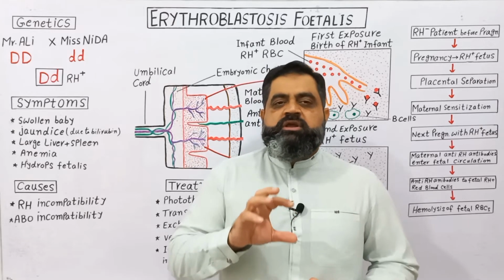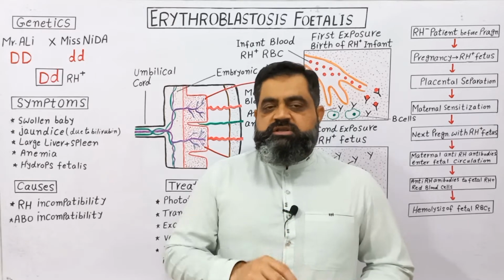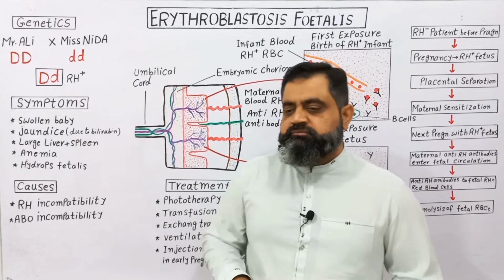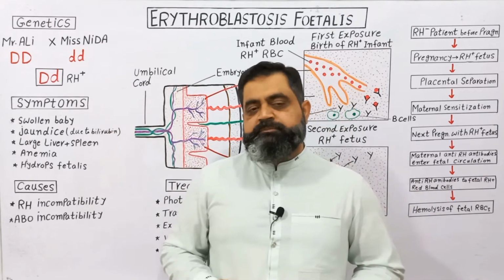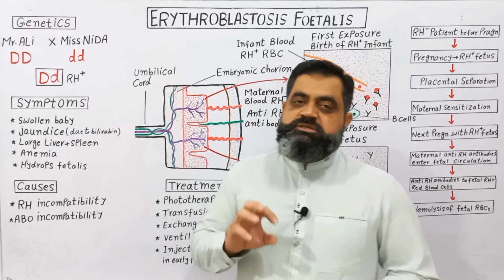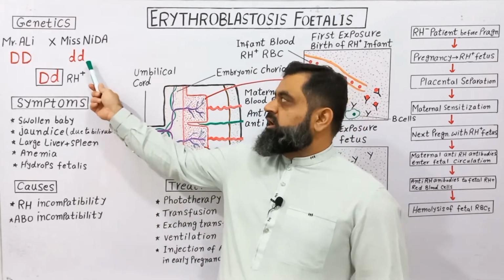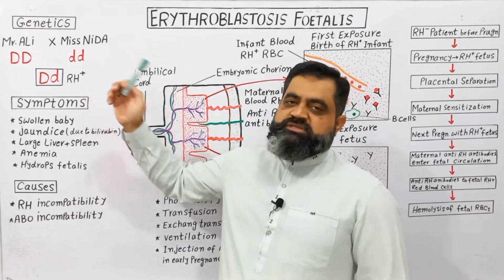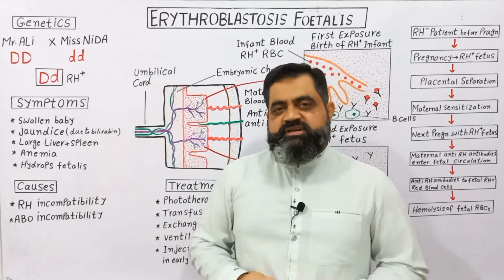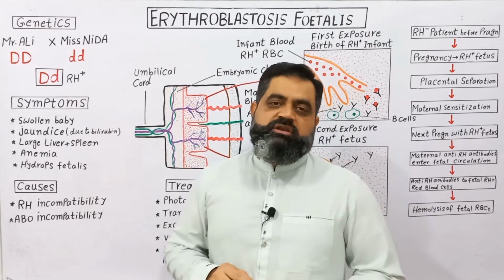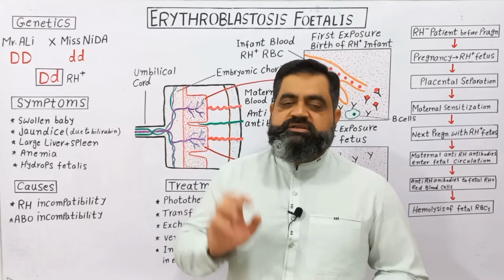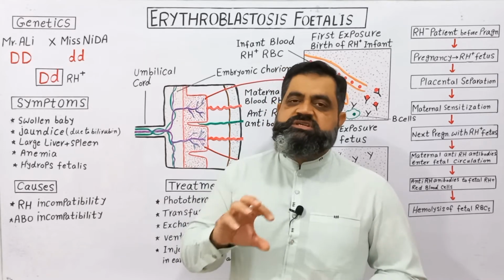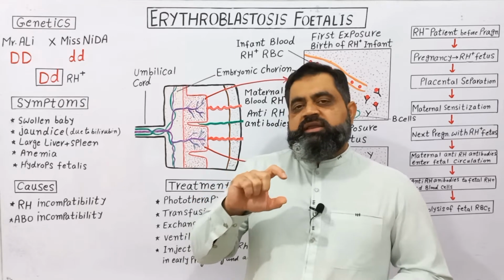That is why the blood group of Mr. Ali is A positive. The second person, Miss Nida, also has blood group A, but she contains a pair of genes known as small d, which represents that she does not contain Rh antigen on the red blood cells. So that is why she is A negative.